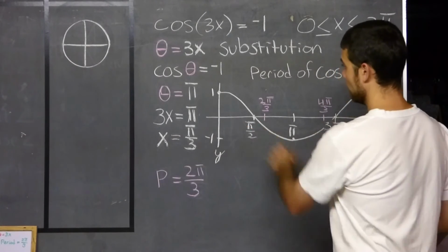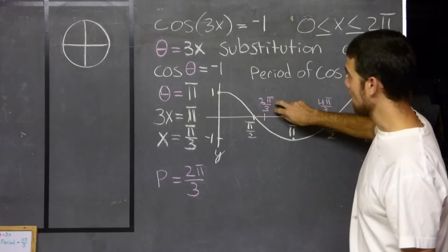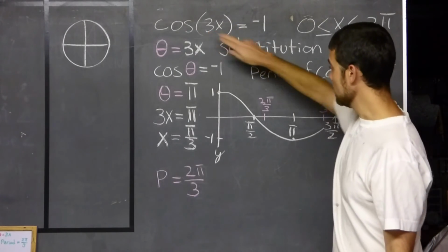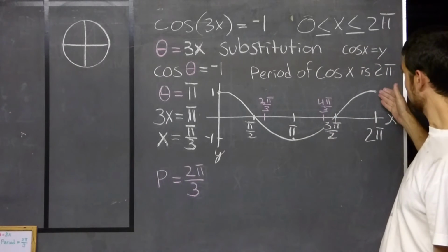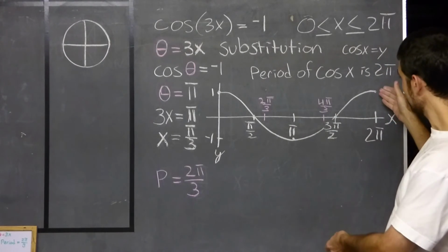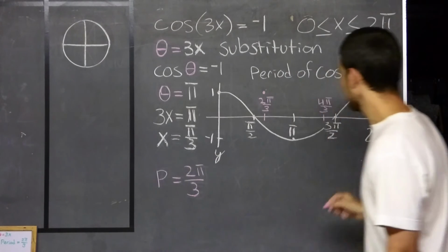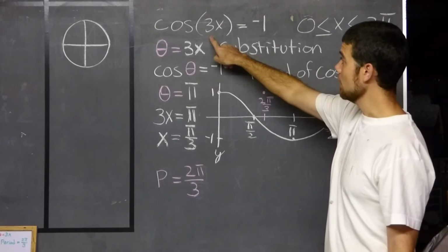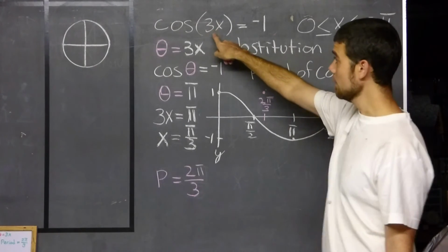we're going to have, well, we'll look at this one first. So 2/3 pi, if we put that value in for x in our original function here, 3 times 2/3 pi is 2 pi. Well, the cosine of 2 pi is +1. If we put 4/3 pi in, we get 4/3 times 3 is 4 pi.